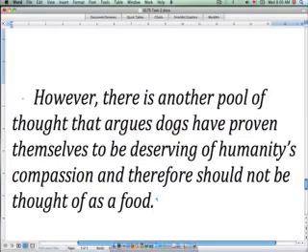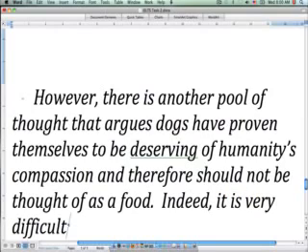So let's try something like "indeed." I'm trying to say here that it's hard to find a country where dogs have not been considered a friend of some kind. So it's very difficult. Maybe I'm going to say, if not impossible.